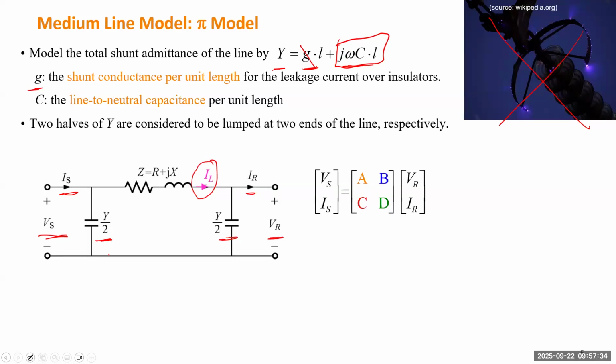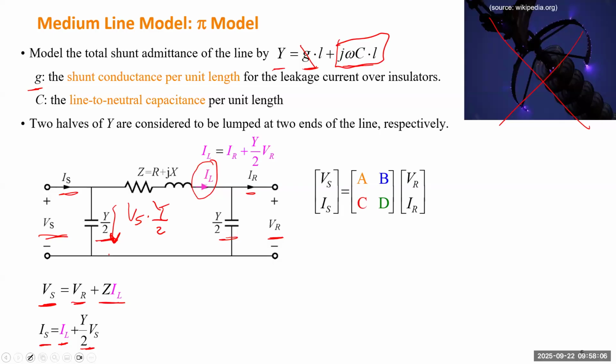So we want to find this ABCD transformation. First, we find VS, the source voltage, equal to the load voltage plus the voltage drop along the line using the line current. The source current is the line current plus the current going to the first branch. The first branch current is basically VS multiplied by the admittance. Then from Kirchhoff's current law, we know this line current is equal to the load current plus the current going to this shunt branch.